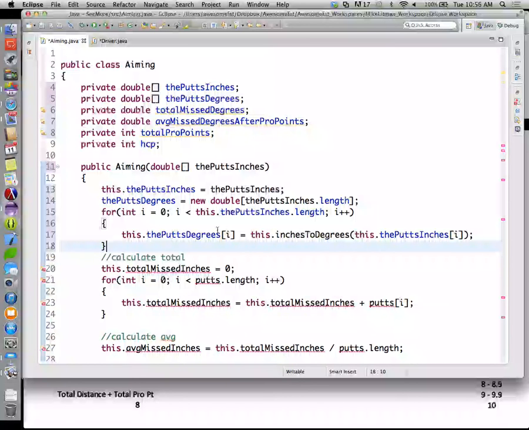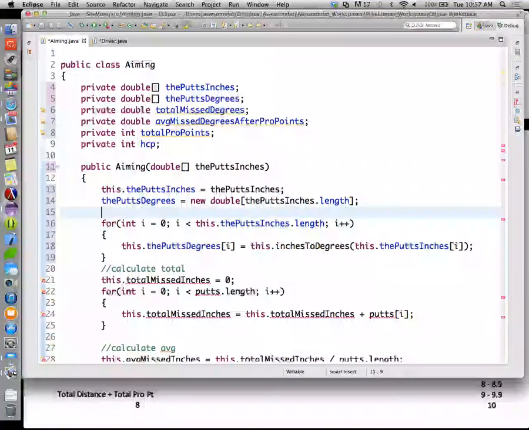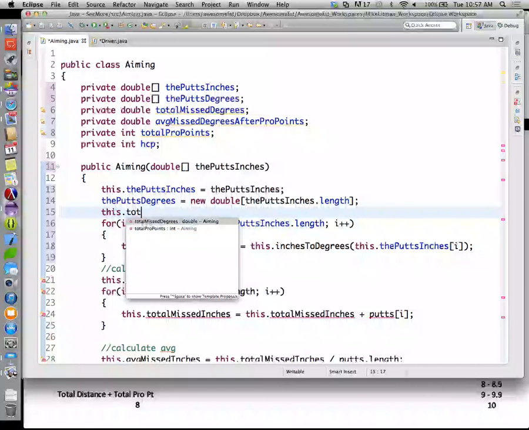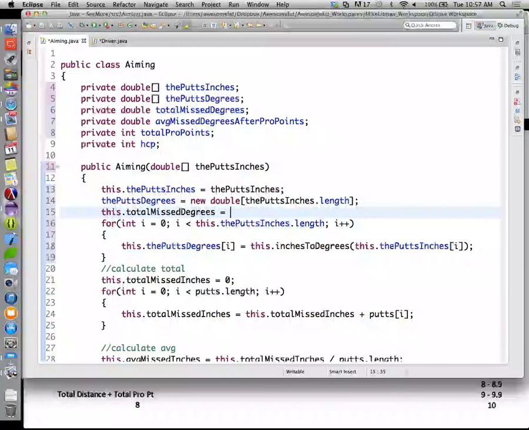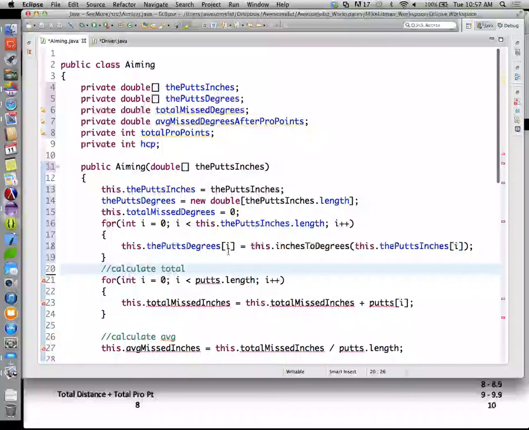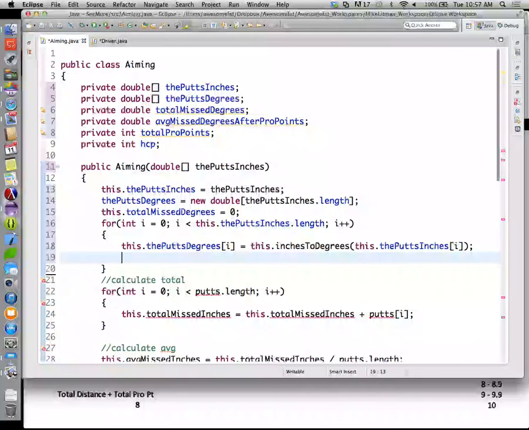All right. Now at the same time, we had this.total missed degrees start off at 0. We can go ahead and sum that up in here too. Correct?